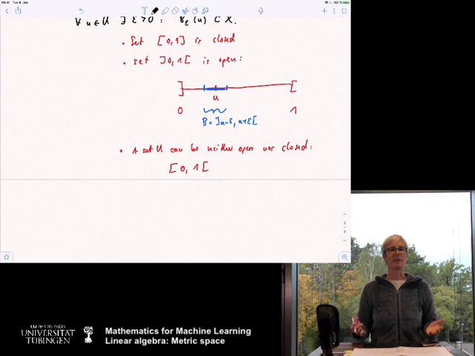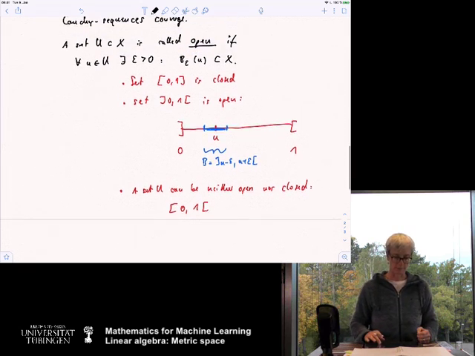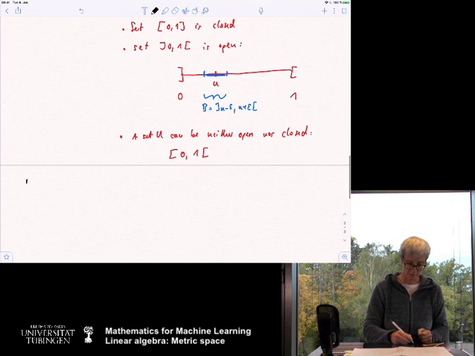And now I want to say when a point is an interior point and when a point is a boundary point. So, definition.